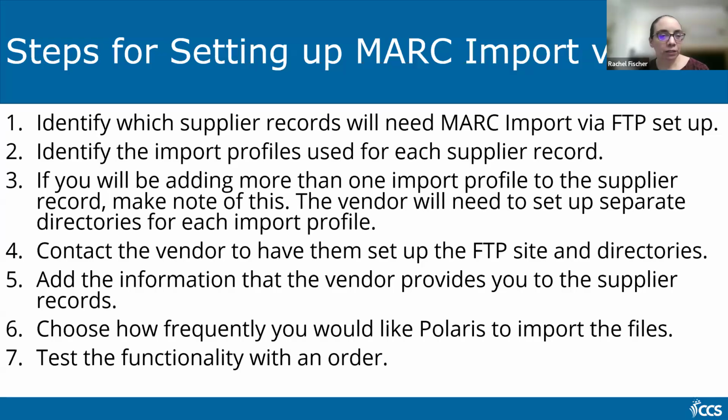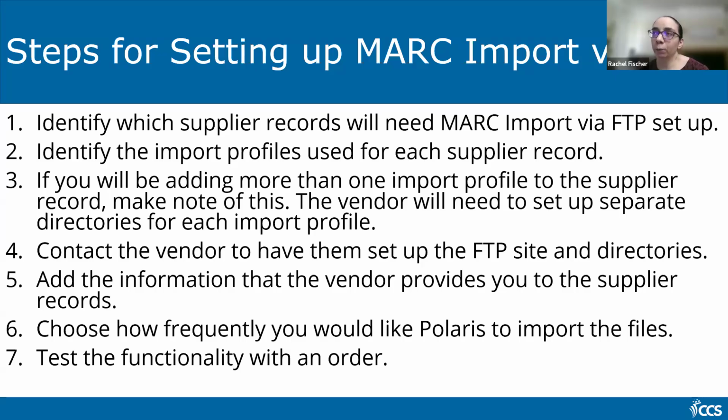So the first thing you need to do is to identify which supplier records will need MARC import via FTP setup. And then identify the import profiles that you will use for each supplier record.